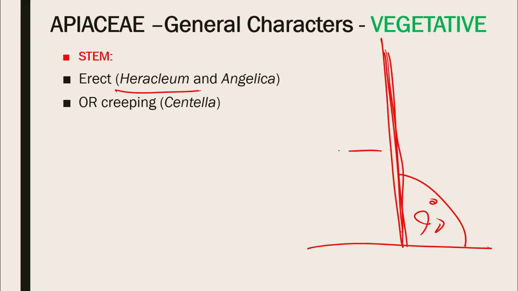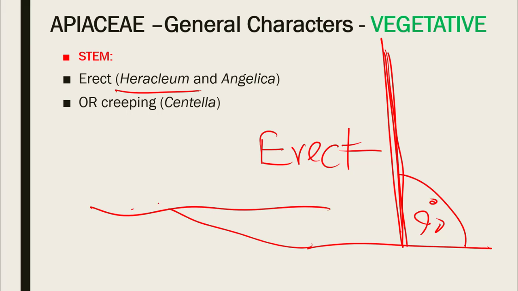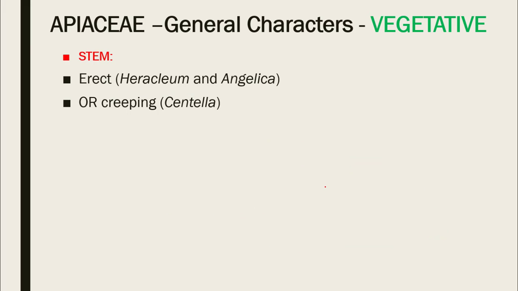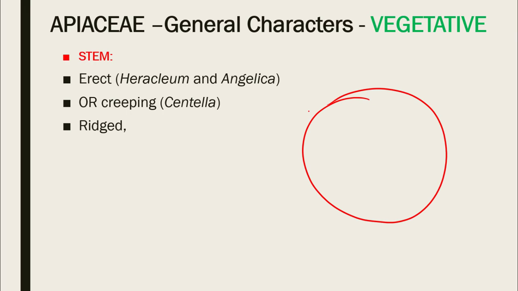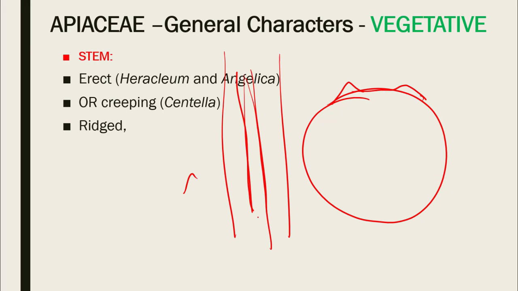And creeping, as its name indicates, creeps on the surface of the soil, and it cannot grow erect. It's a weak stem. The stem is generally ridged, that is, the outline of the stem is not perfectly round. It may carry some ridges on it, and they travel throughout the length of the stem. These are not spines. So this is a ridge on the stem.